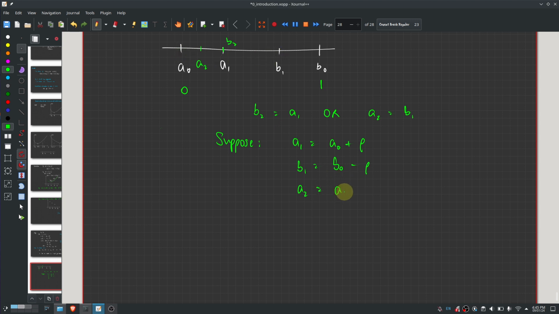So A2 is A0 plus rho into (B1 minus A0), and B2 equals B1 minus rho into (B1 minus A0). So essentially in every stage I'm shrinking the interval by a constant fraction rho.